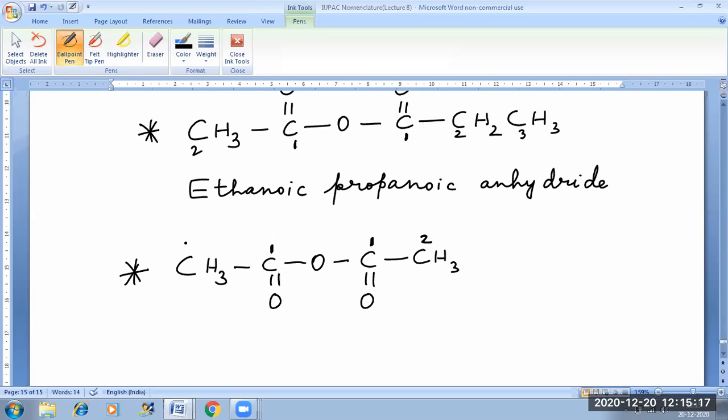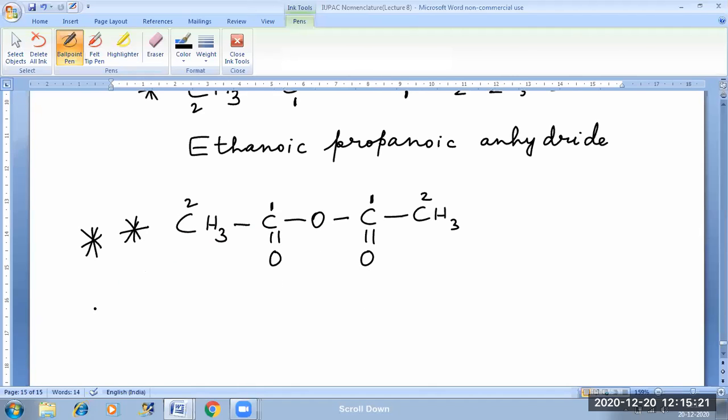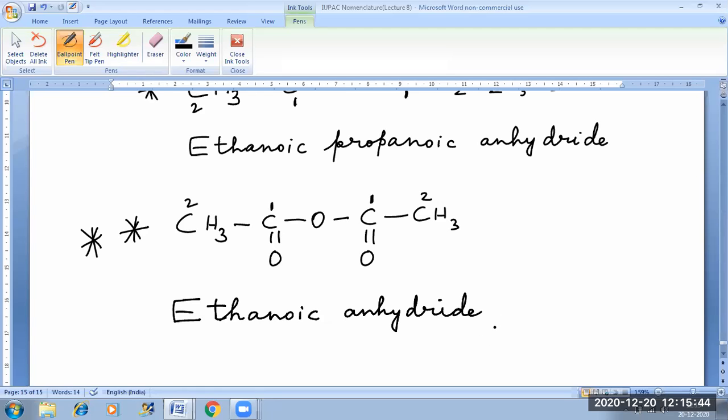Here also it is 1, 2. Now, very, very important. If both are identical, then you will write this word only once.